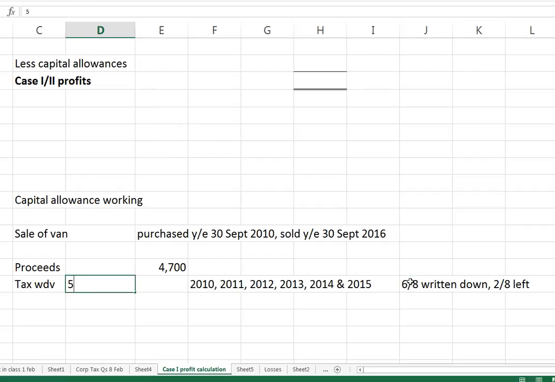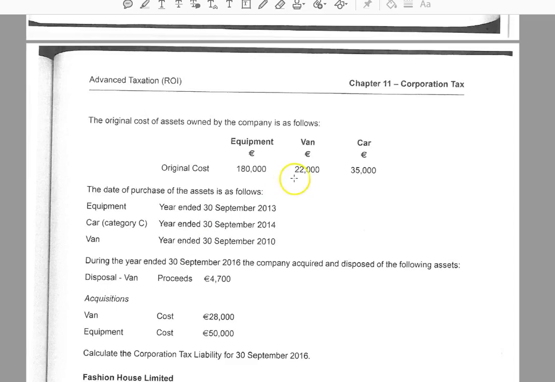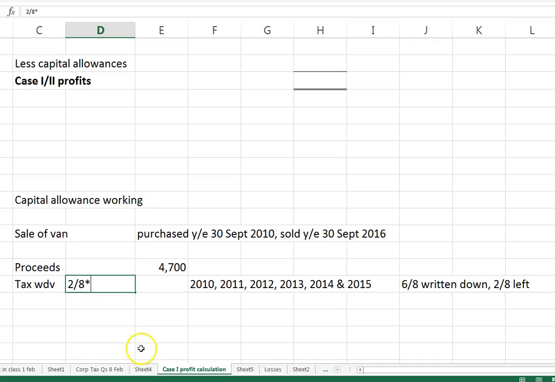So the tax written down value then is going to be 2 eighths of the original cost of 22,000. So it was worth 5,500. We only got 4,700 for it. So they're going to give us additional capital allowances.